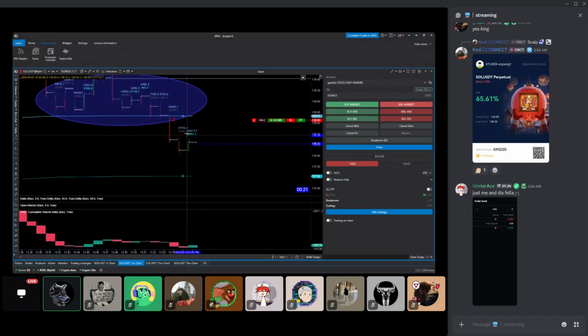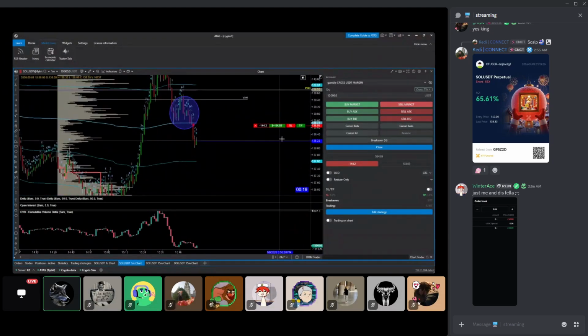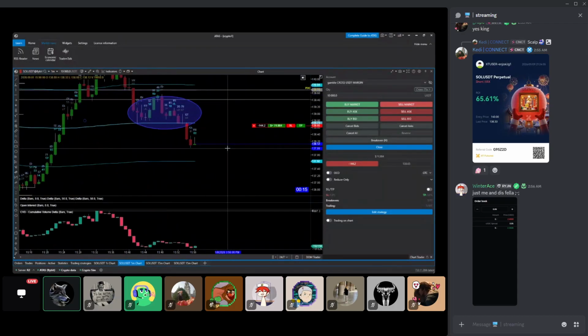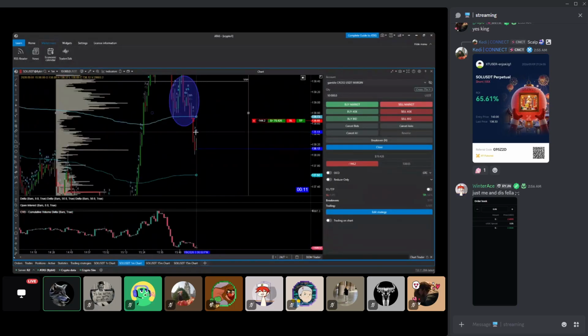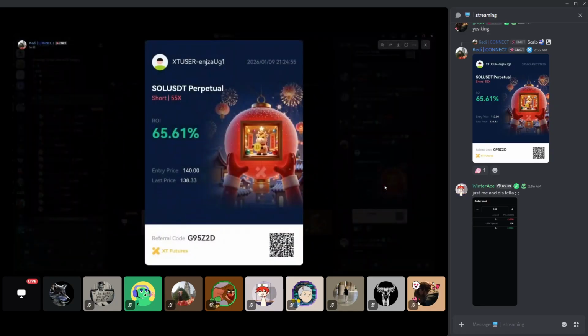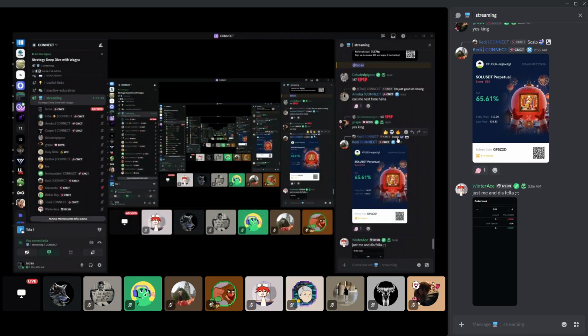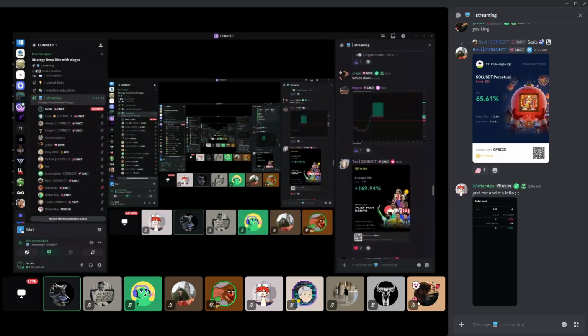Buyers are in control, they can't get the price up, that's bearish. Okay, we're finally here on Solana. GMT should start going down soon, because we completely absorbed the buyers. We love longing and scalping. I just love scalping.